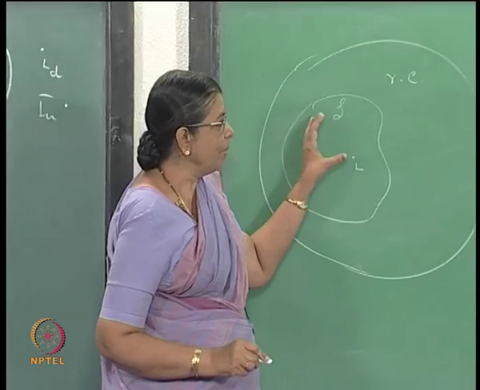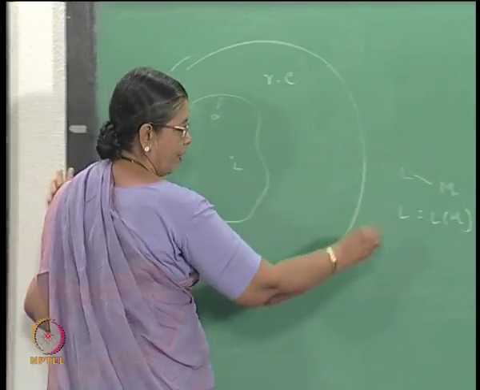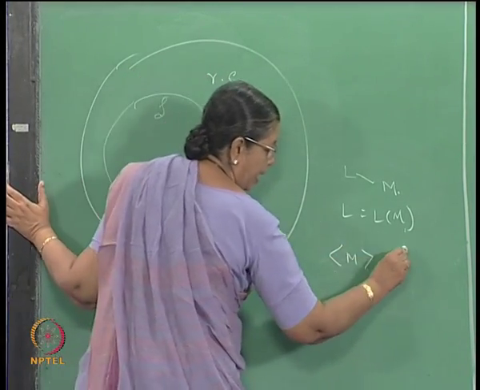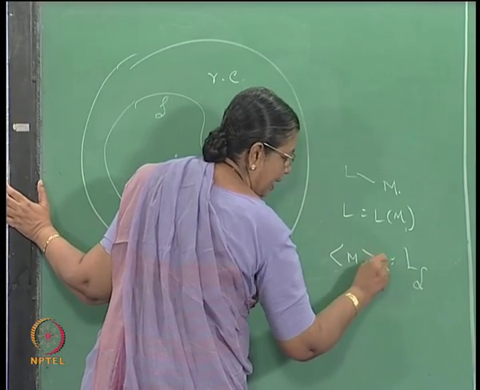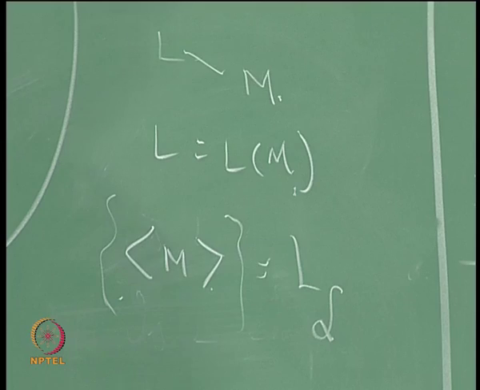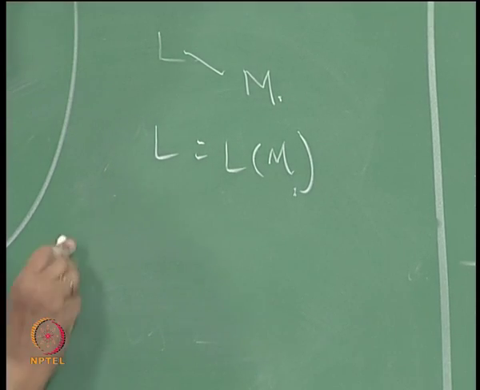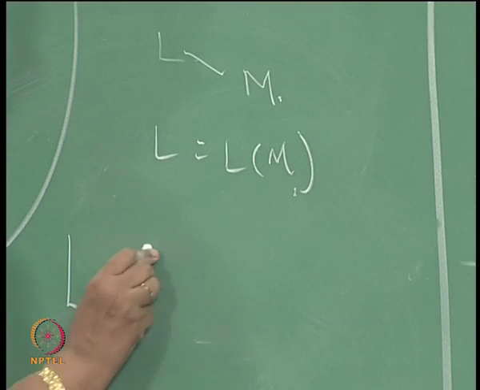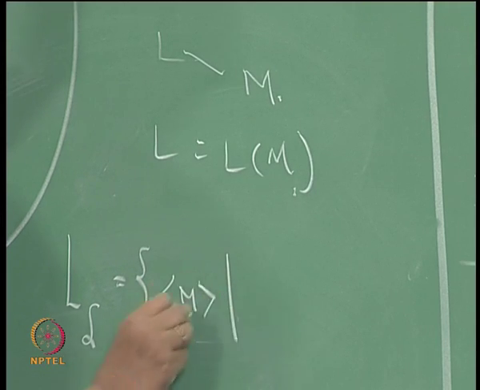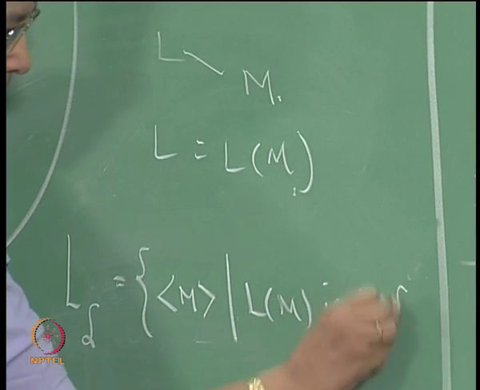So, if L(M) is in S, take the encoding of M. L_S is a language which represents the encodings of Turing machines M such that L(M) is in S.